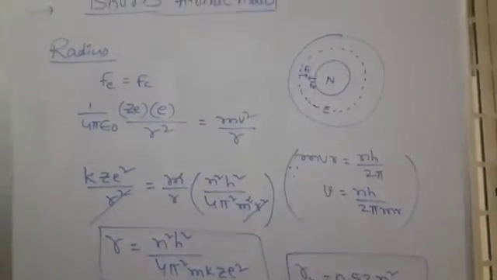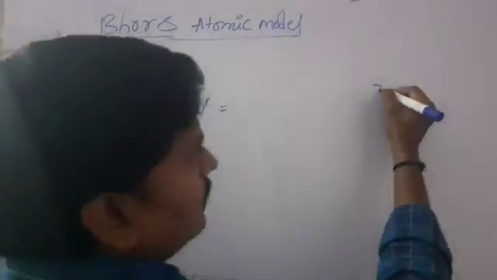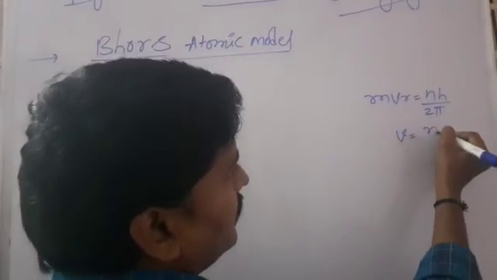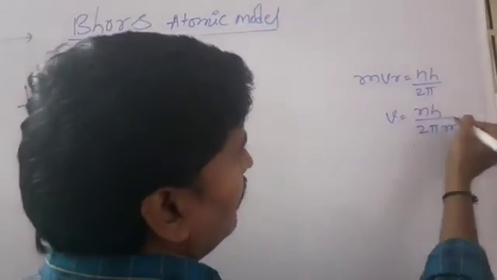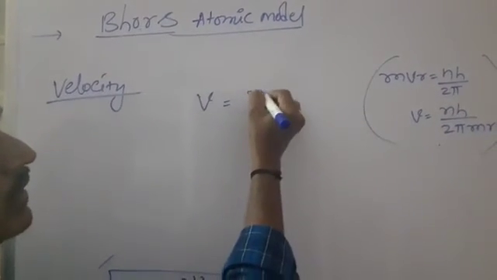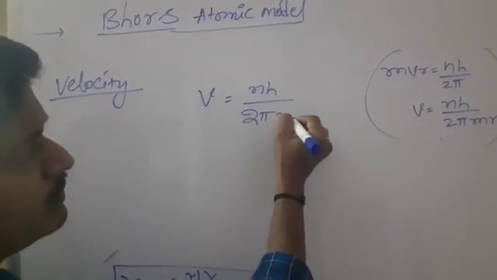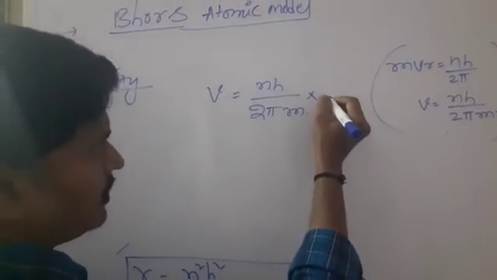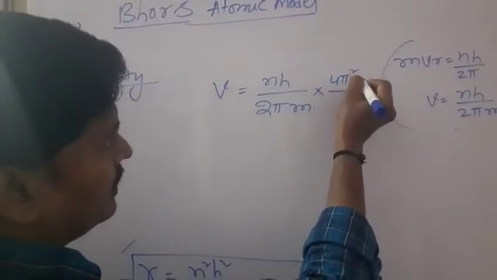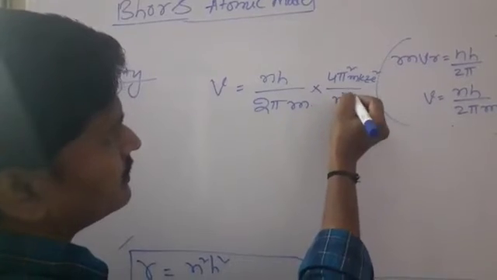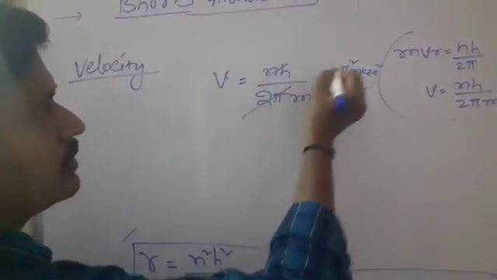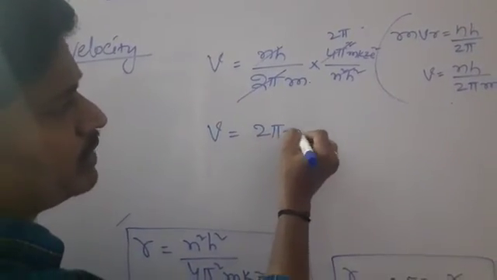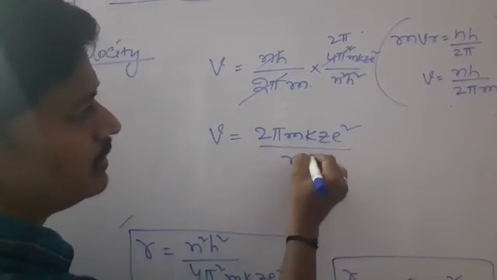Next, mvr is equal to nh by 2 pi, therefore v is equal to nh by 2 pi m r. Substituting the radius value, v is equal to 2 pi k Z e squared divided by nh.